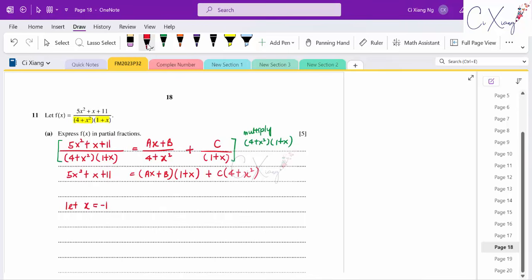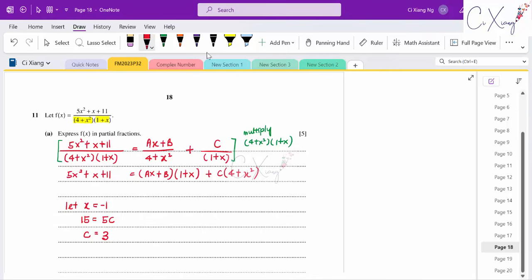So I will have 5 minus 1 plus 11, which is 15. Substitute negative 1 here, this whole bracket becomes 0, therefore ax plus b disappears, and I have this part only. Negative 1 squared is 1, plus 4 is 5. So we are having 5c left on the right-hand side. Then from here, very easily, I can get the value for c, which equals 3.